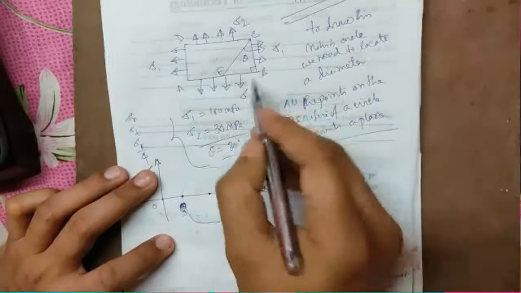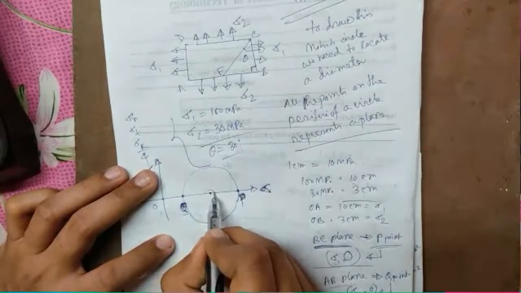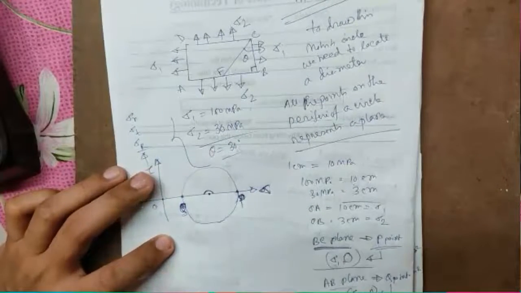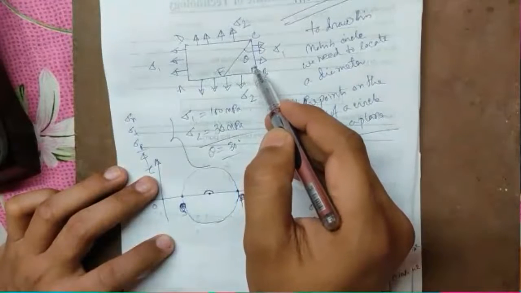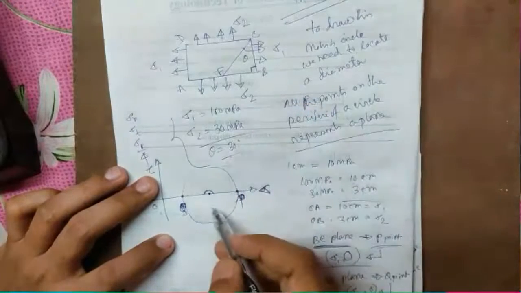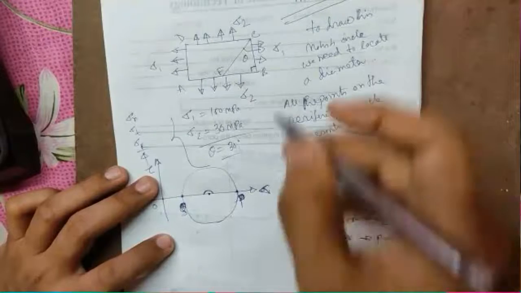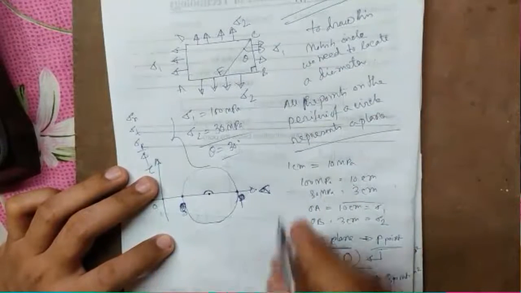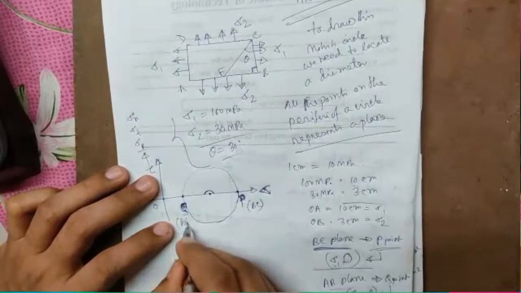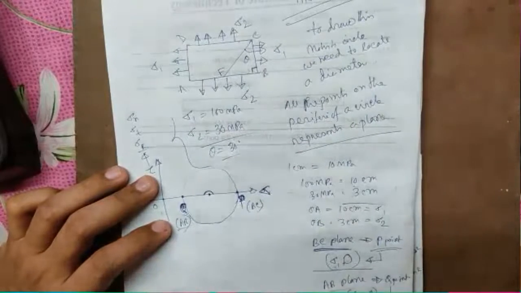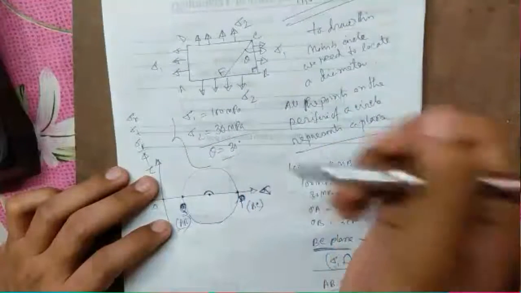Now you see this 90 degree here is 180 degree here. So whatever the angle here becomes 2 theta here, keeping the direction same. So this P means actually BC plane, Q means actually AB plane. Now we have to look at the CF. How to find out the CF?